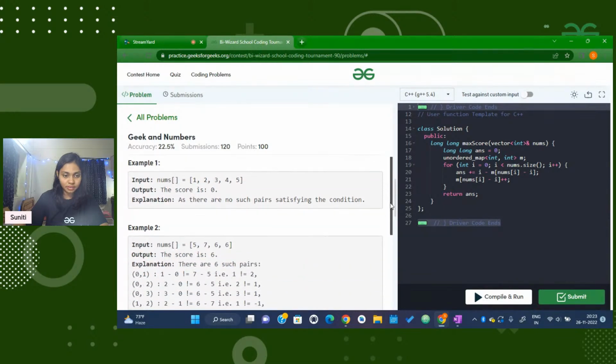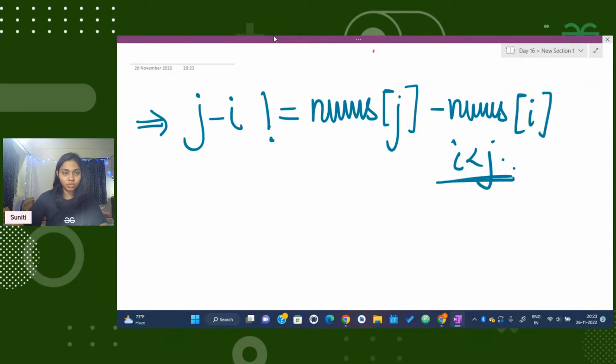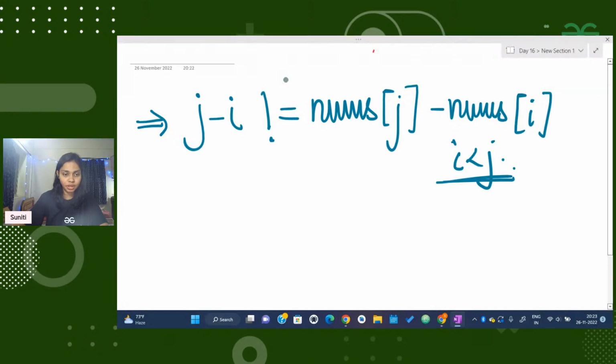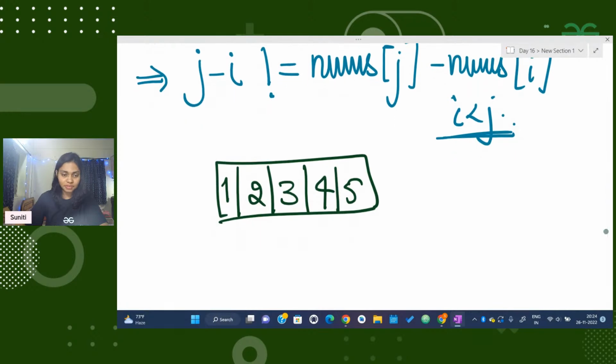So let us see, the first array that we have is 1 2 3 4 5. Now here, as we see, there is no index pair for which j minus i is not equal to nums[j] minus nums[i].